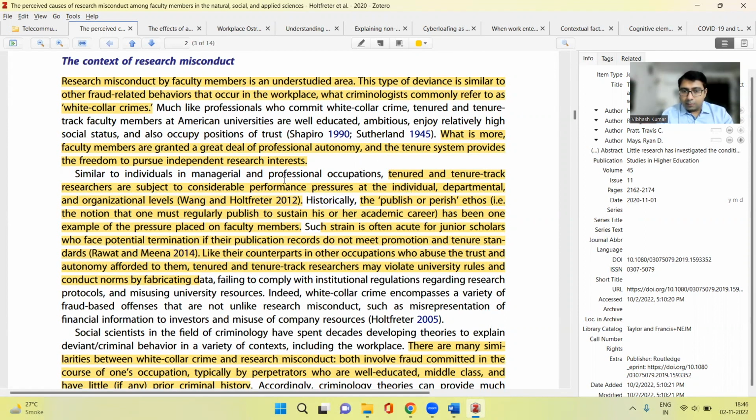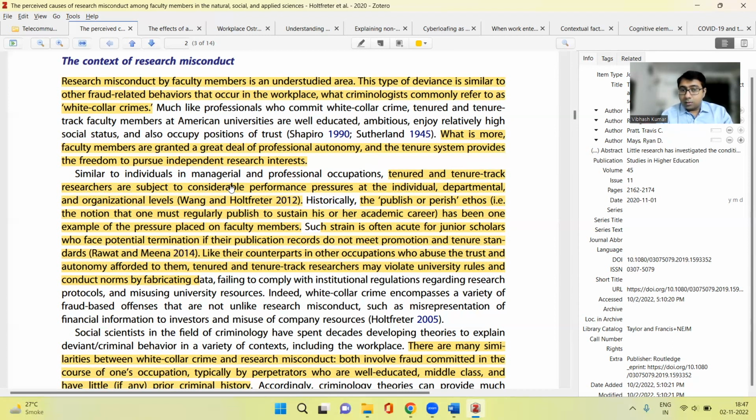Similar to individuals in managerial and professional occupations, we are talking about tenured and tenure-track researchers. That means those researchers in the Western world who have got their jobs from the assistant professor level. Tenure track is the assistant professor level. Tenured is mostly moving upwards, that means you're an associate now.